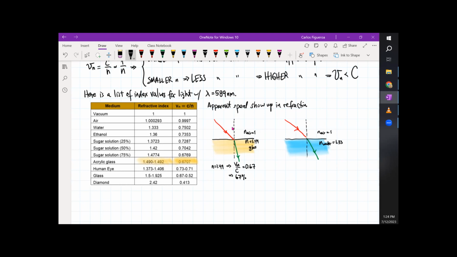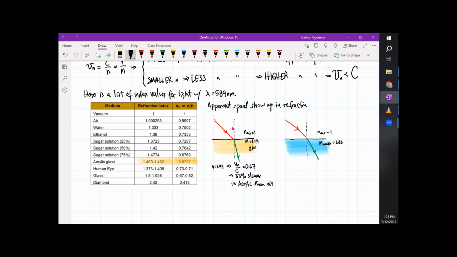Is that 67%? Yeah, it's 67. I'm talking about acrylic glass. That means here that this is 33% slower in acrylic than air.